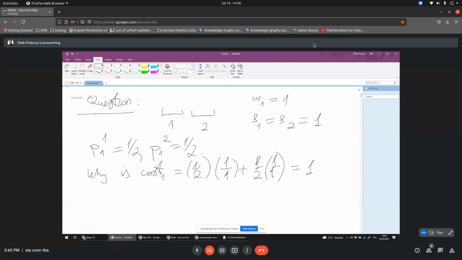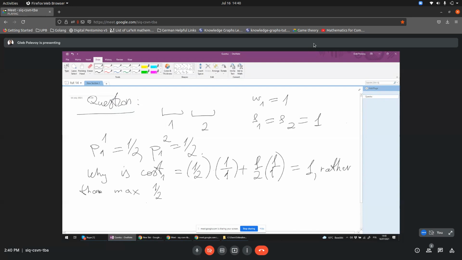That's 1. Why is it 1 rather than the maximum between basically the halves? Why is it not the maximum?